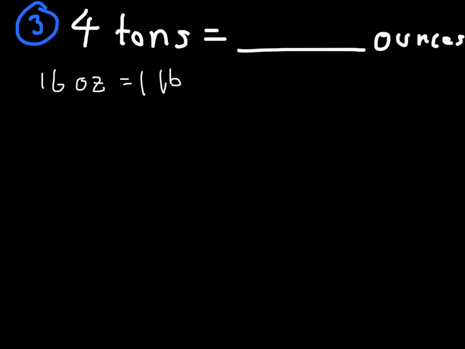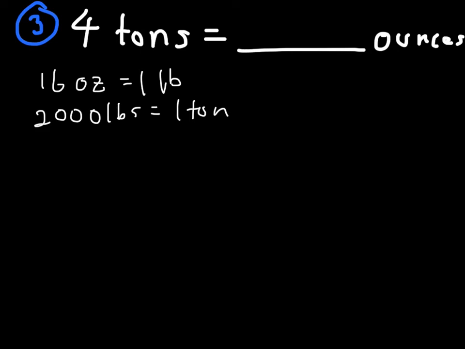LB stands for pound. Okay, and then I also know that 2,000 pounds, 2,000 lbs will equal 1 ton. Okay, so now I can go from ounces to tons via pounds.